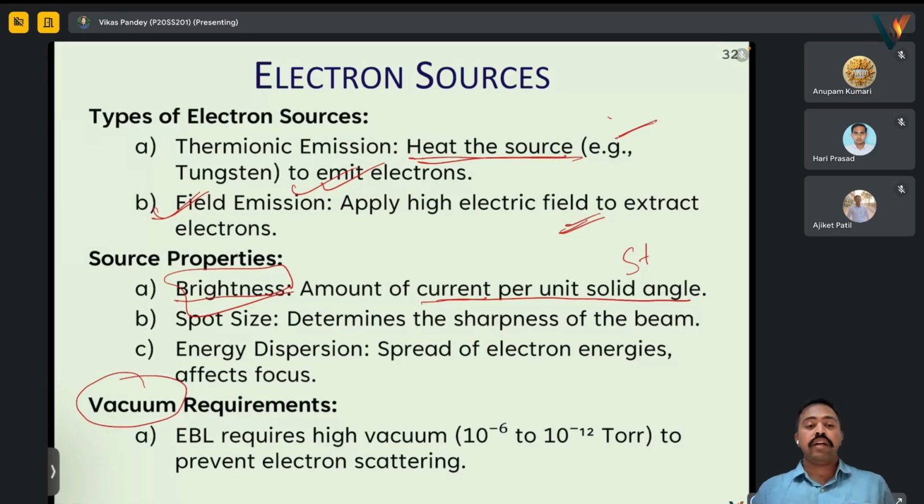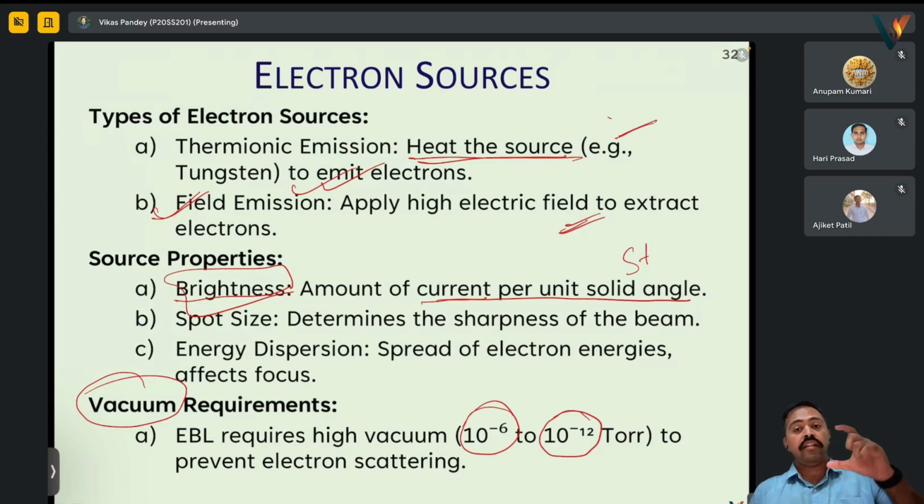We have seen vacuum systems in the case of physical vapor deposition also, where when we have to deal with vacuum systems, there are different types of pumps. Here we are dealing with high vacuum, 10 to the power minus 6 to 10 to the power minus 12 torr, because we don't want the electron to scatter.